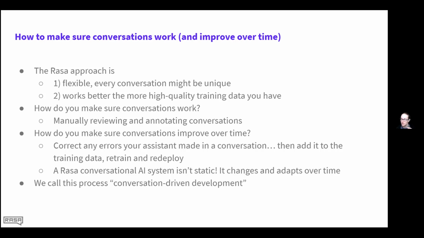So having a test conversation where you know that this is the pattern that it should follow and making sure that your system is doing that. But the other way is once your system's in production, manually reviewing and annotating conversations. So looking at what happened and trying to figure out, was this a good user experience? How can I change my assistant to make it better? And then adding that training data into your assistant and then retraining and redeploying.